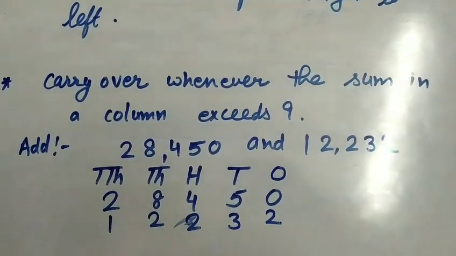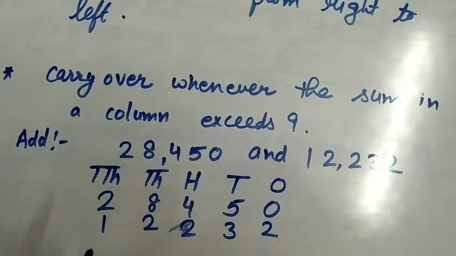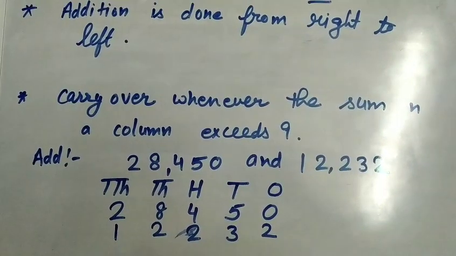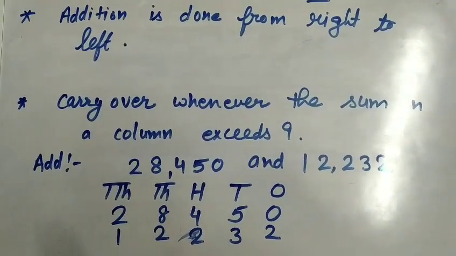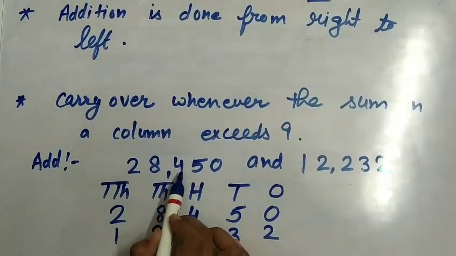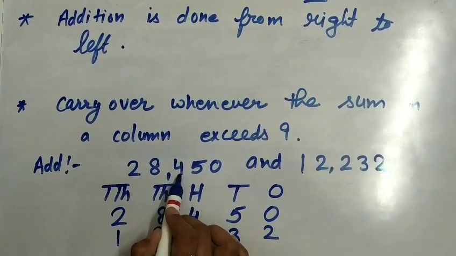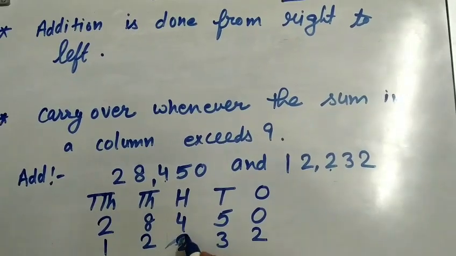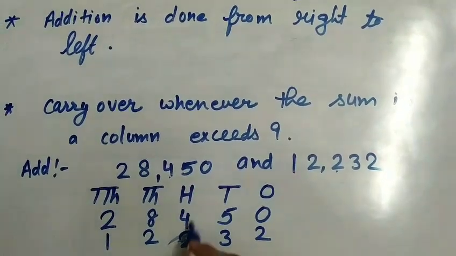This is our first step. We have to arrange the numbers in the place value chart. And the next step was digits at the same place must be in the same column. It means, see, the place of 4 is hundreds and here the place of 2 is hundreds. See, we are keeping them in the same column.